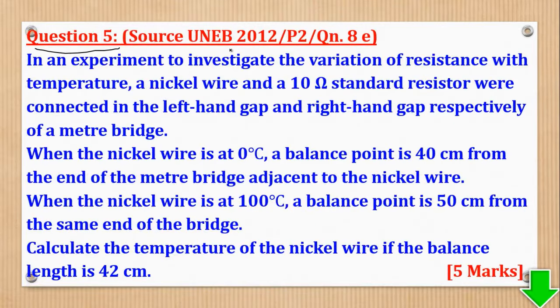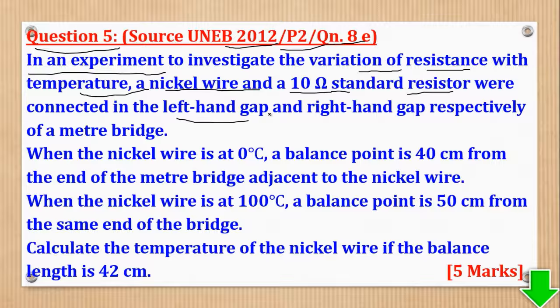Then question 5 came from UNEB 2012, paper 2, question 8E, and says, in an experiment to investigate the variation of resistance with temperature, a nickel wire and a 10 ohm standard resistor were connected in the left hand gap and right hand gap respectively of the meter bridge.